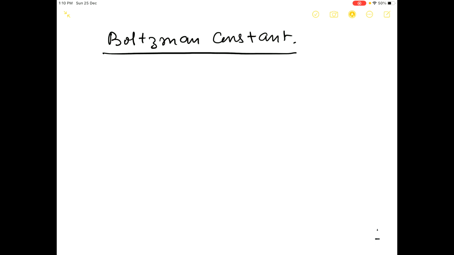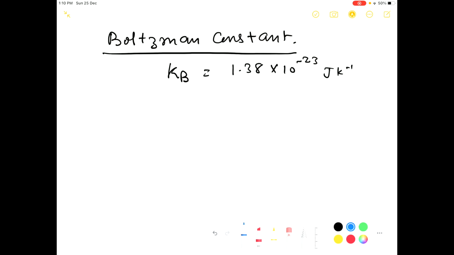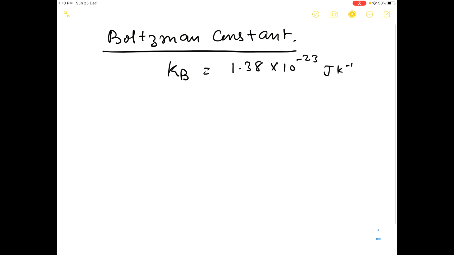Today we shall study about Boltzmann constant. See, Boltzmann constant is represented by Kb and its value is 1.38 into 10 raised to the power minus 23 joules per Kelvin. It tells us energy is directly proportional to temperature.